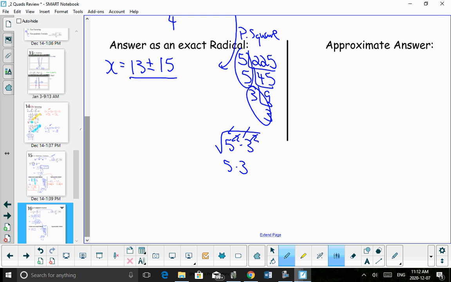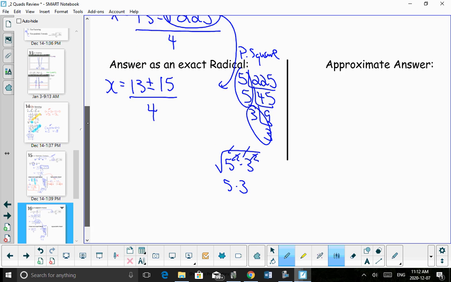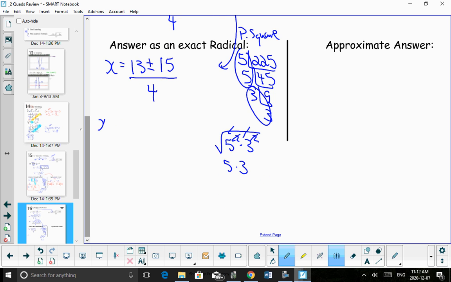The square root goes away. So when I'm looking for my 2 x-intercepts, I would go 13 plus 15 divided by 4 and 13 minus 15 divided by 4. Again, brackets. So I get out 7 and negative 0.5.